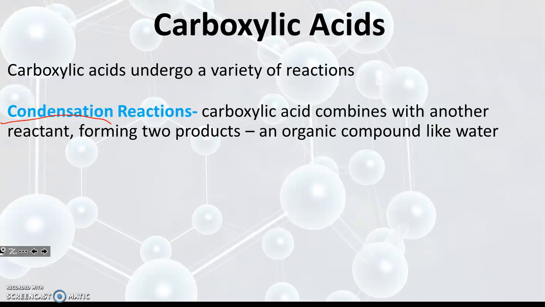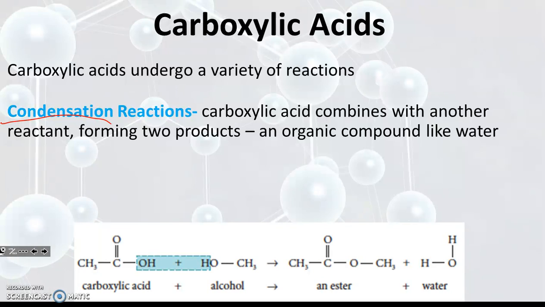What's happening in these condensation reactions of carboxylic acids is that the carboxylic acid adds to some other group. The particular type of reaction we're looking at is the carboxylic acid reacting with an alcohol. And if you remember, alcohols have that hydroxyl group attached to them.